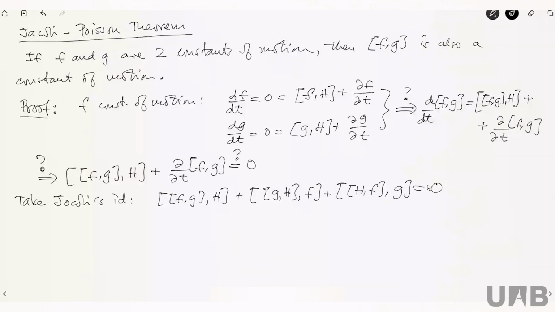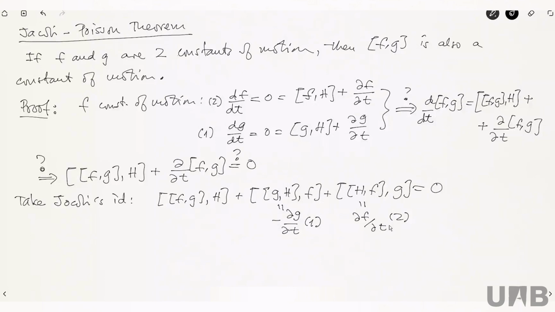Now, g and h is minus the derivative of g with respect to t, and this is because of equation 1. The Poisson bracket of g and h is minus the derivative of h with respect to t. And h and f is the derivative of f with respect to t. This is 2. Equation 2 says that f and h is minus df dt, so h and f is plus df dt, with the right signs.